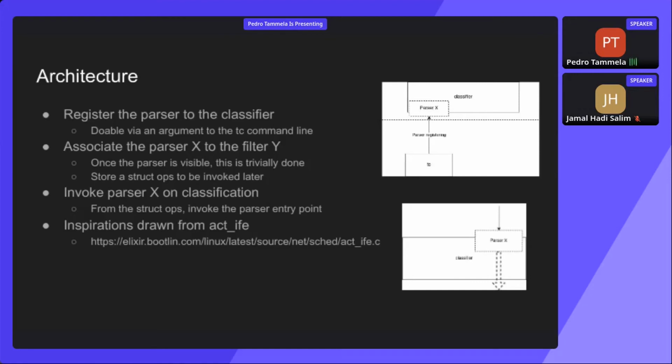And then once we get the SKB to do the classification, we invoke it through an entry point, which we can then save in a struct ops, for instance. It's pretty analogous to the IFE architecture, which is something that we are heavily borrowing from.